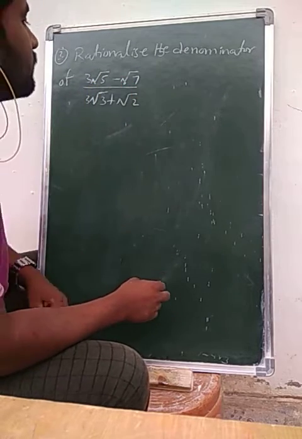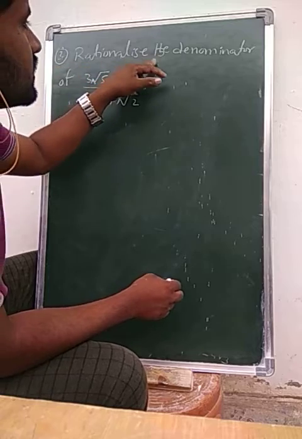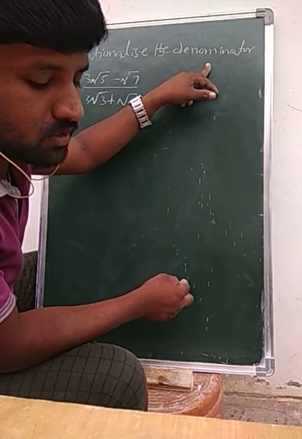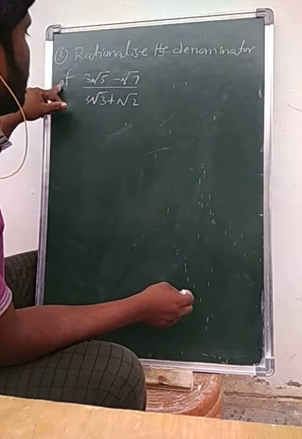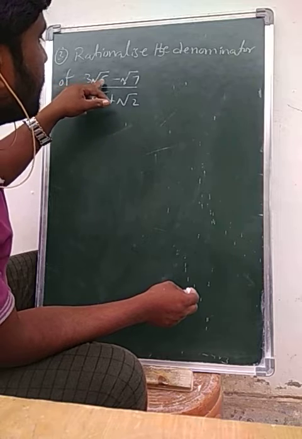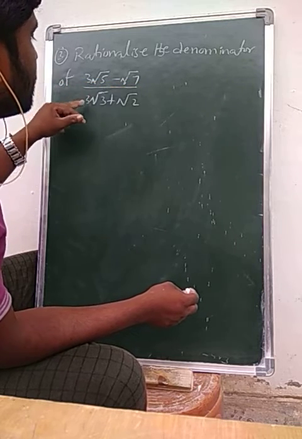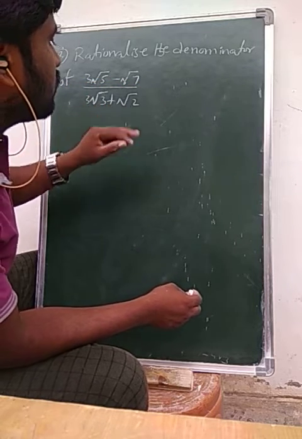What is the question now? Rationalize the denominator of 3 root 5 minus root 7 by 3 root 3 plus root 2.